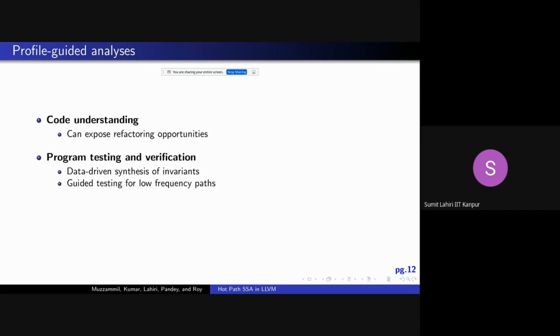We can use it for program testing and verification. We can have testing of low frequency paths, known as residual paths in the program. Can we profile for residual paths? Can we show properties that hold on some paths and not on others? The other thing could be that we want to do specific profile guided optimizations.